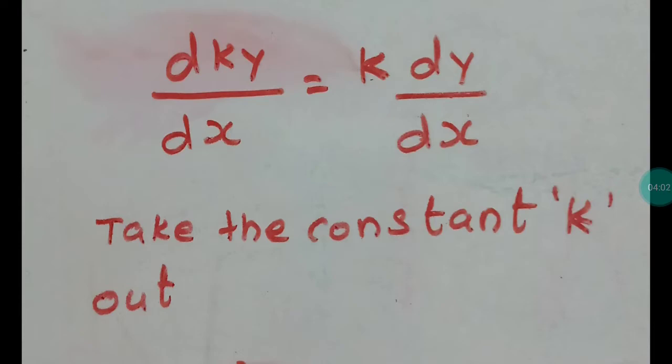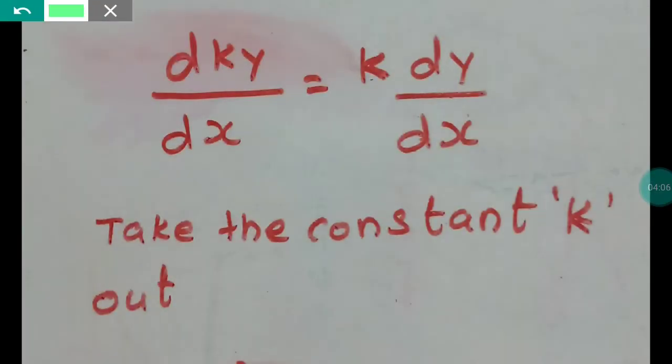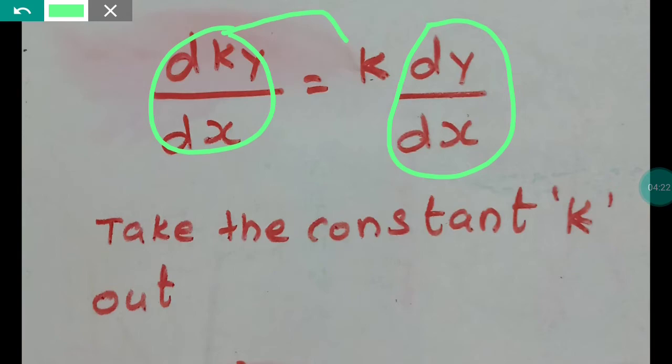So what you can do with that constant is simply take it out of the differentiation. The constant over here is inside this differentiation, but you can take it outside. Now the k comes outside the differentiation. If k is a constant number, you can always do this.